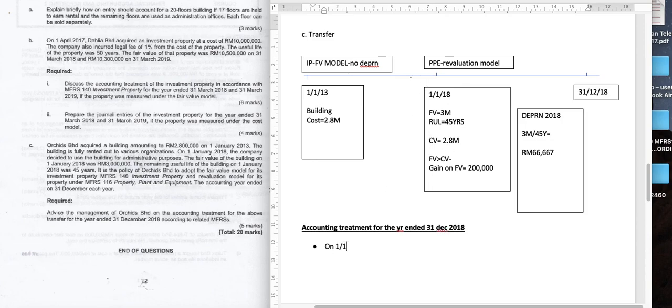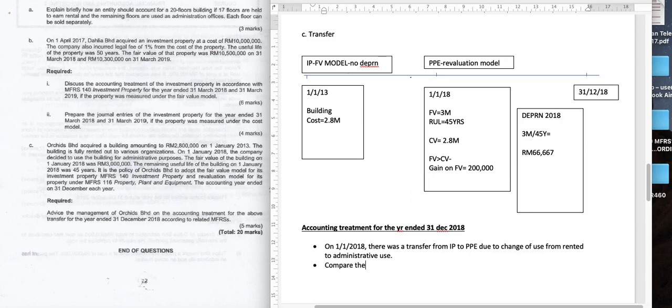On 1st January 2018, there was a transfer from IP to PPE due to change of use, from previously rented out to administrative use.